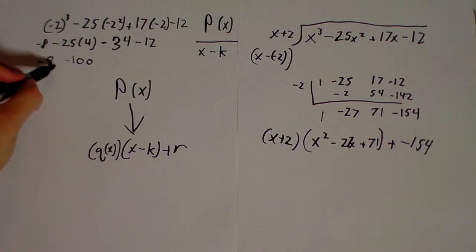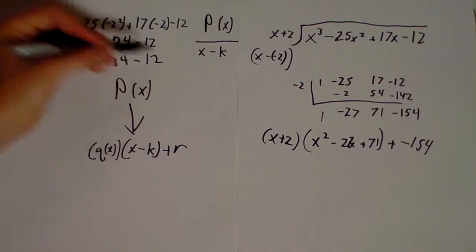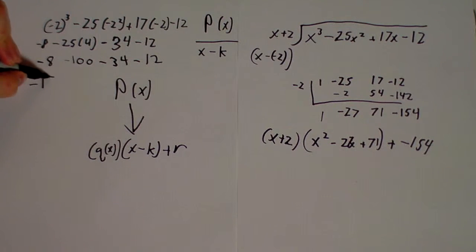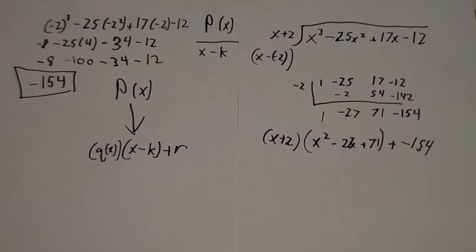So we've got negative 8, minus 100, minus 34, minus 12, and that's going to come out to negative 154. Do you notice anything surprising there? Well, isn't it interesting that negative 154 happens to be our remainder? It turns out that this is always true.